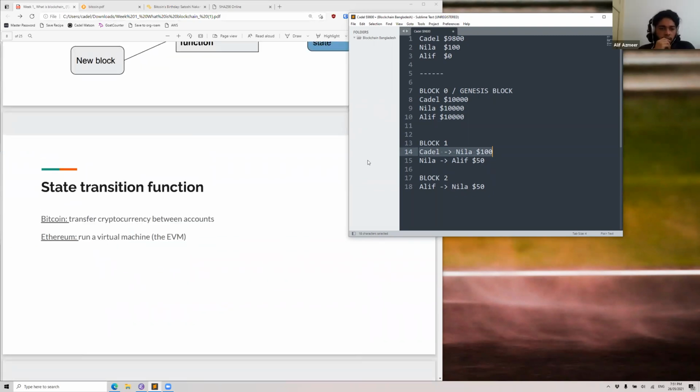I had a question, Cadle, if you don't mind me asking. Yeah, go for it. Regarding the state transition function, does it stay fixed after every transaction, or does it change? That's a great question. So the rules of the blockchain are set by the people who control it. So we'll get to that kind of decentralized aspect later.